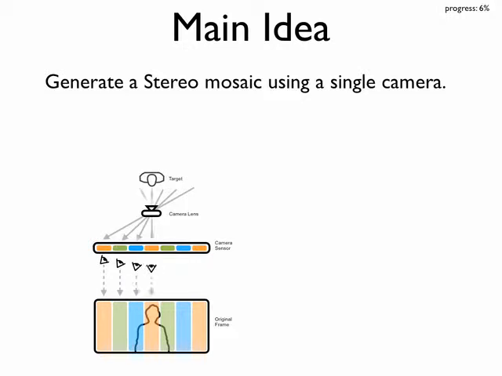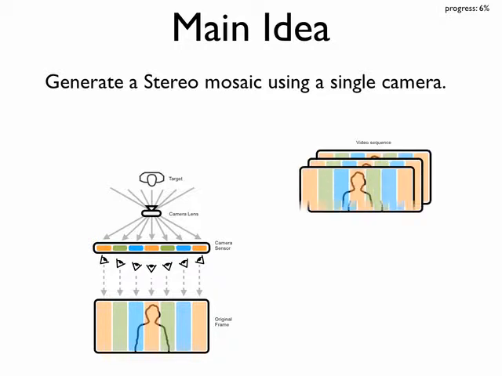When the light passes across the lens in a camera, it arrives from different directions, but these directions are projected in concrete regions in the CCD.